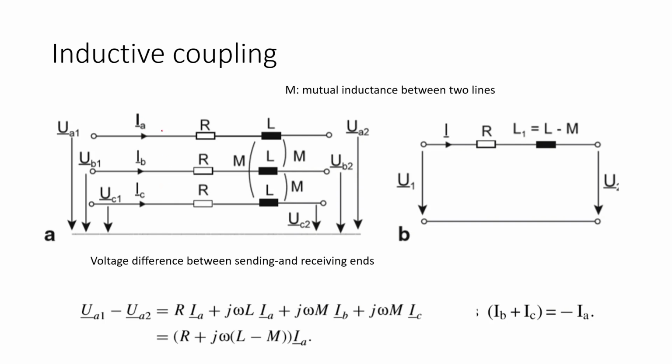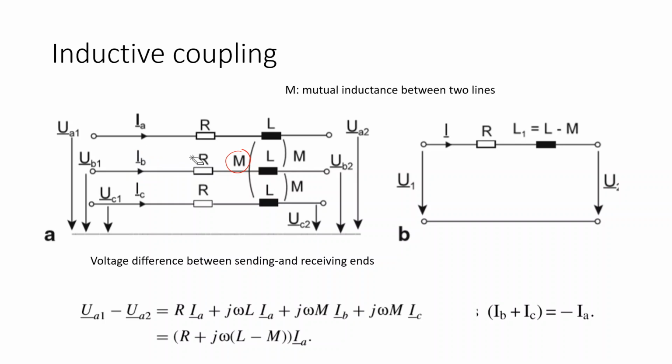The magnetic field surrounding line A due to the flow of current IA would also induce in line B and line C. Similarly, the current flowing in B would have magnetic induction surrounding itself and between the other two phases. This is called the mutual coupling. This is the notation M. M stands for the mutual inductance between two lines.